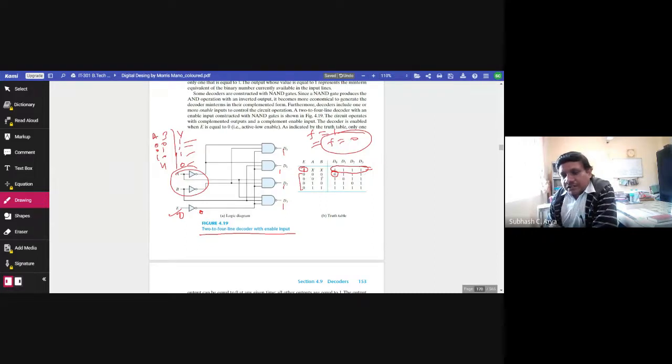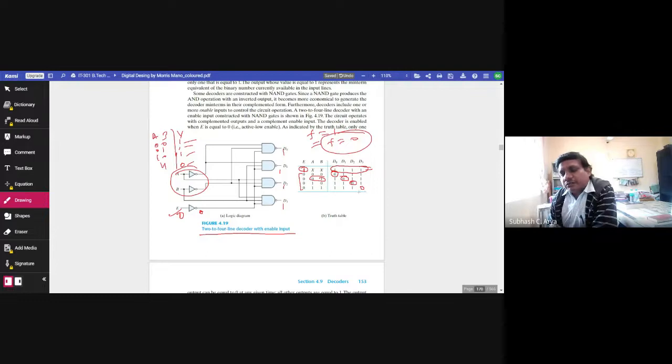Next, the next case may be 0, 1. At that time, D1 is giving the output, the negative output. Okay, and others are 1, 1, 1. Third case, 1, 0, D2 is giving the output. And fourth case, this should be 1. It is wrongly written here.